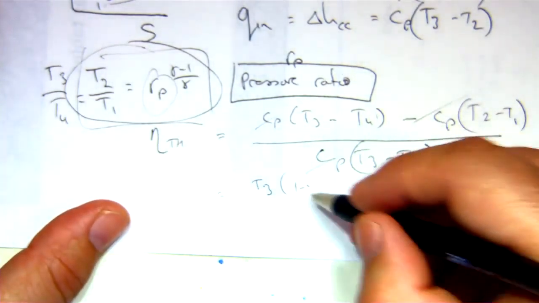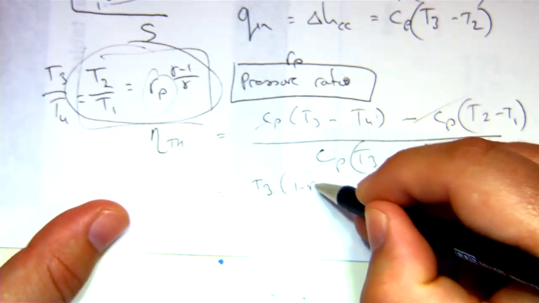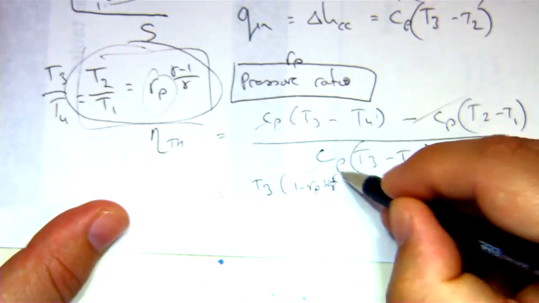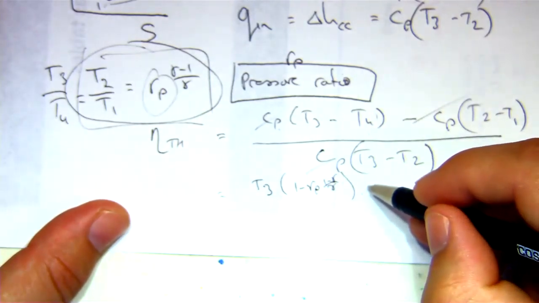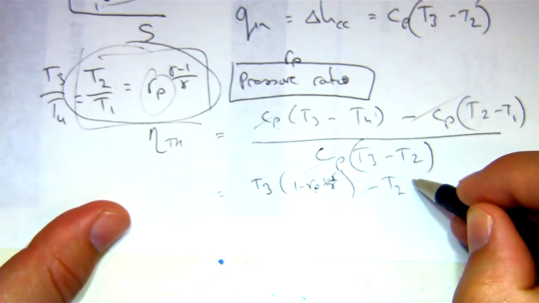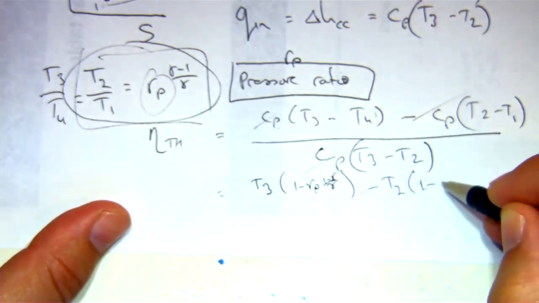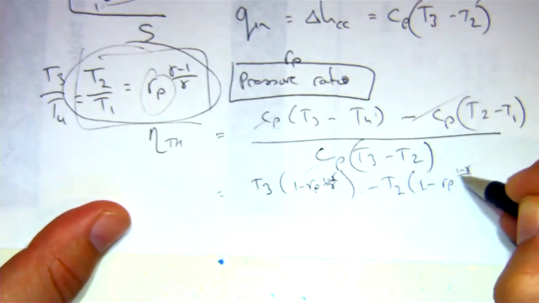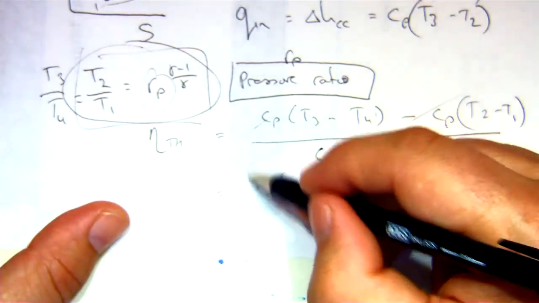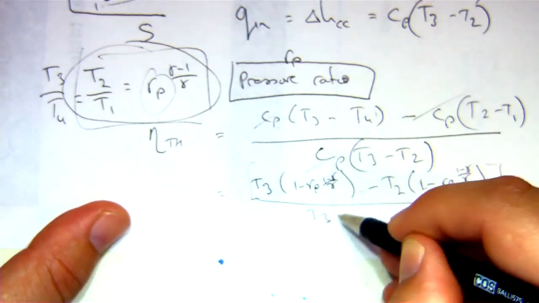So now what I've got, T3, 1 minus RP to the (1 minus gamma) on gamma, minus T2, 1 minus RP to the (1 minus gamma) on gamma, big brackets, over T3 minus T2.